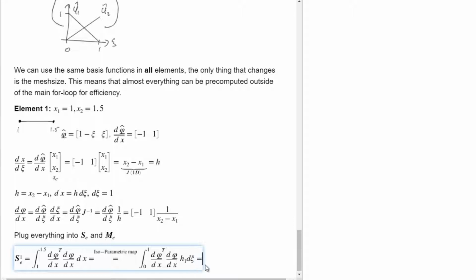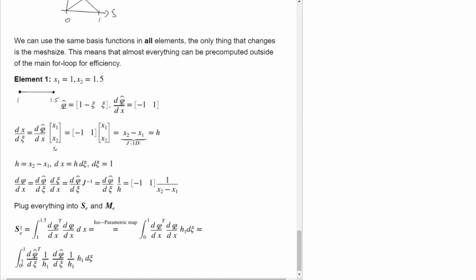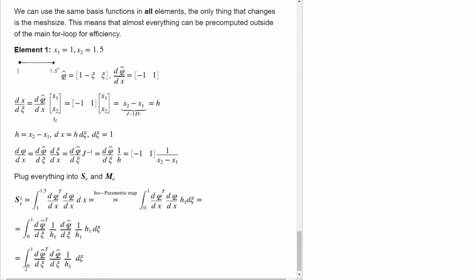In the next step, I will actually do the complete conversion. So we have the integral from 0 to 1, and then we have replaced dφ/dx here with dφ/dξ transposed times 1 over h1, times the other one, dφ/dξ times 1 over h1, times h1. Now this simplifies to the integral with the basis functions multiplying each other in this way such that they will actually form a matrix.